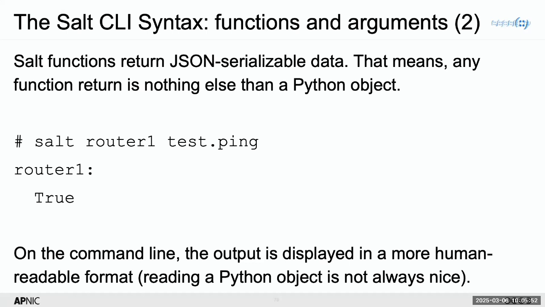It will just give us true or false. So if the connection with the device is available or not, it will give us the status only. It's a way to test the connectivity between the salt master and minion, and it is not a way to measure the latency between the devices.